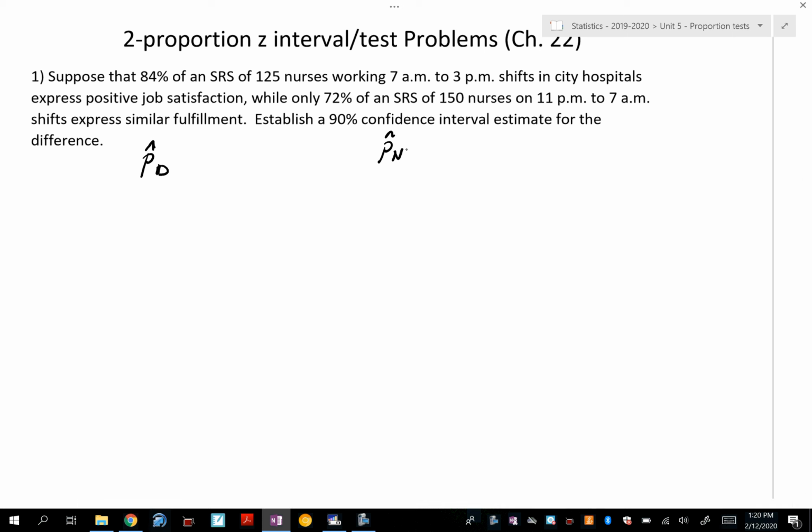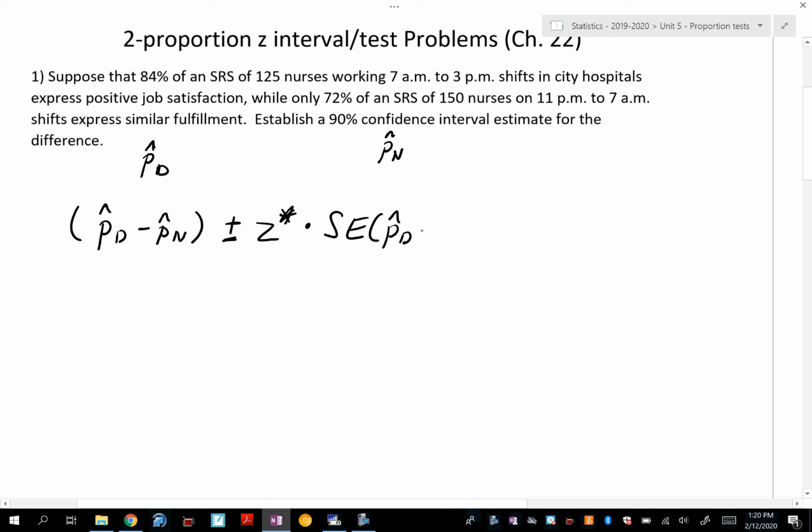So the formula to do this is going to be p hat sub D minus p hat sub N, plus or minus z star times the standard error of that difference.